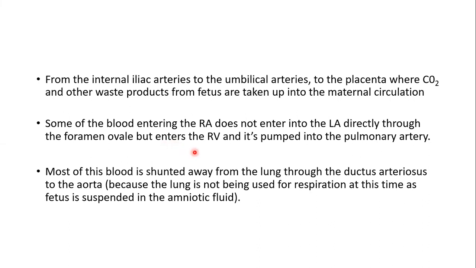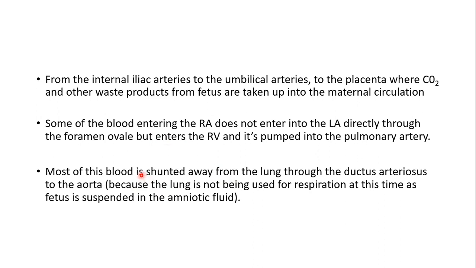However, because the lung is not actively performing the function of respiration at this stage, as the fetus is suspended in the water, the blood is diverted through the ductus arteriosus into the aorta.